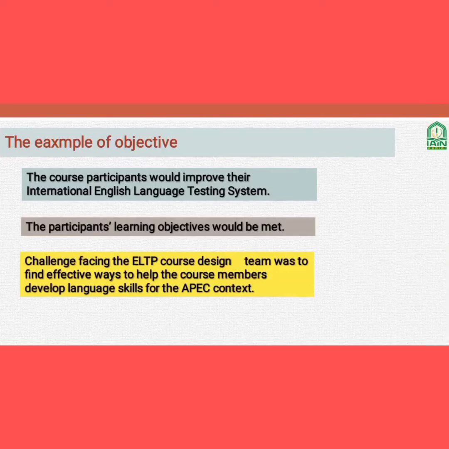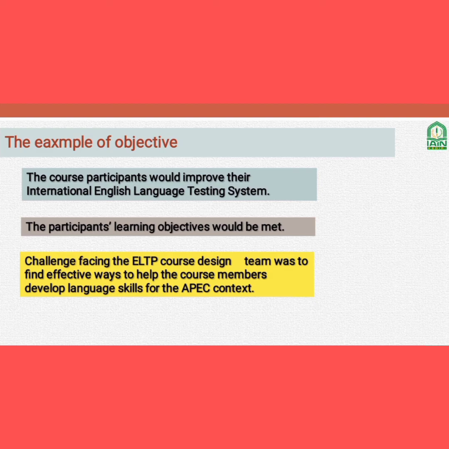Okay, I would like to continue my friend's explanation. Now, the examples of objectives. Actually, there are three kinds of examples.